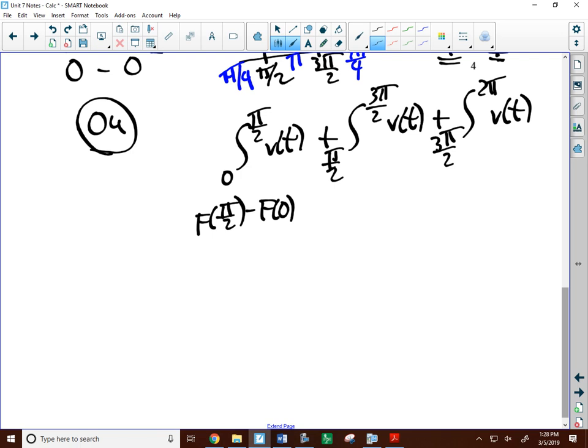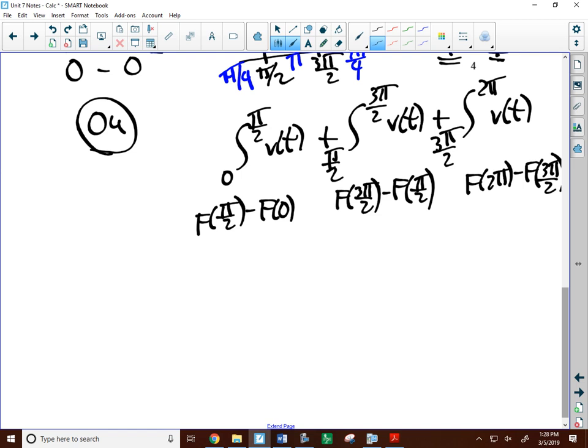I know some of you don't have to, that's fine. This one is going to be f of 3 pi over 2 minus f of pi over 2. And the last one will be f of 2 pi minus f of 3 pi over 2.